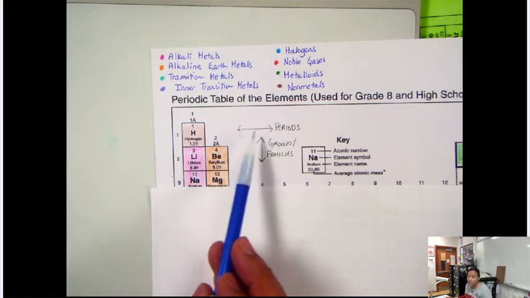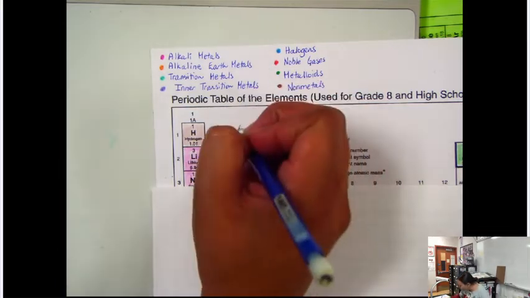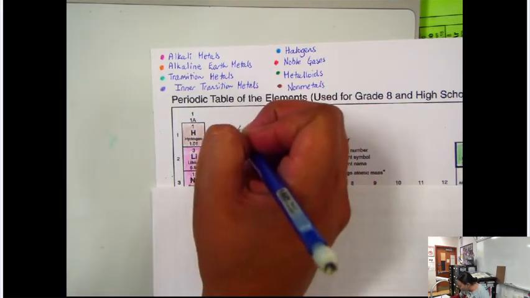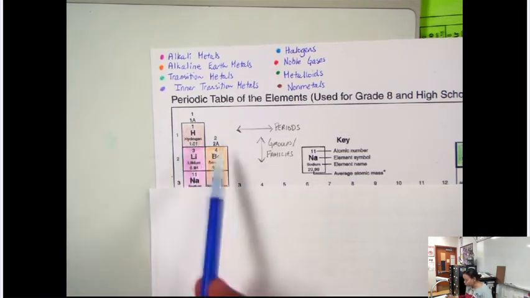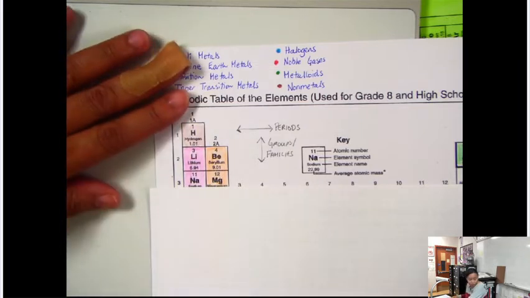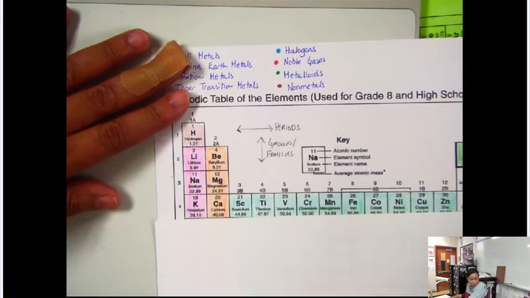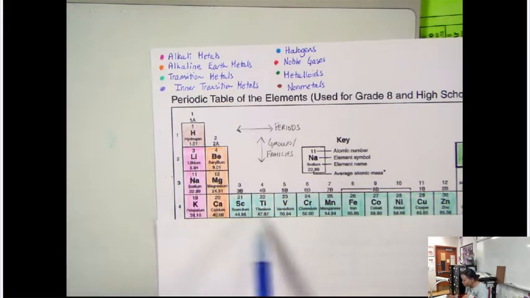So on your periodic table, write that down. If you're reading across, in the rows, you are in what's called periods. If I am referring to period 1, that means you are in this top row. If I say period 4, that means you need to move down and look at this row. So horizontally, those are called periods. Make sure to write that down.